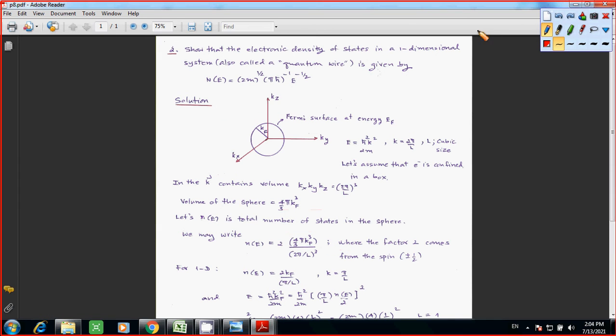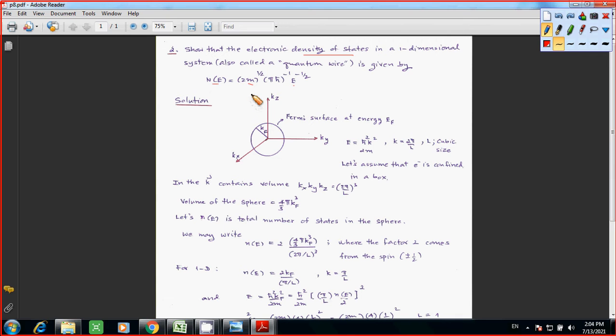Problem number 2. Show that the electronic density of states in a one-dimensional system, also called a quantum wire, is given by the density of states equal to (2m)^1.5 π^-1 ħ^-1 times 1 over square root of E, where E is the energy and m is the electron mass.